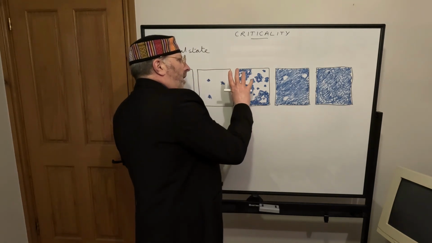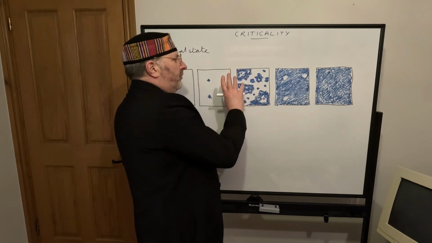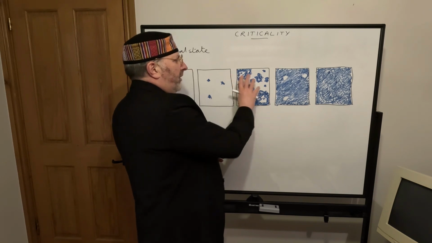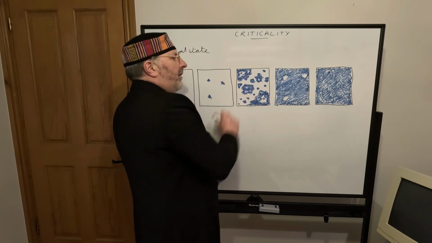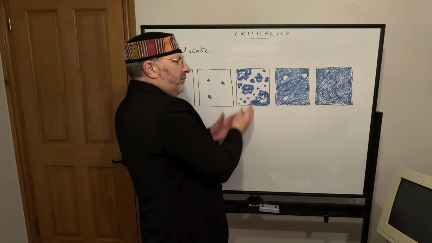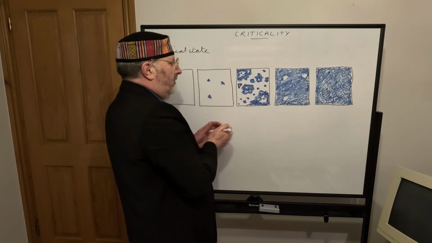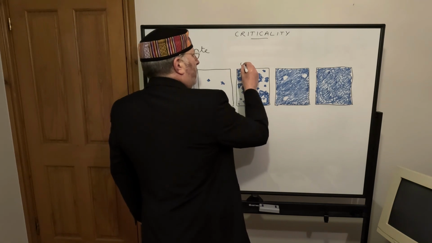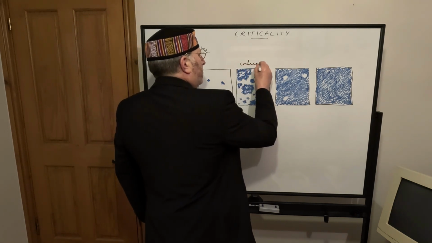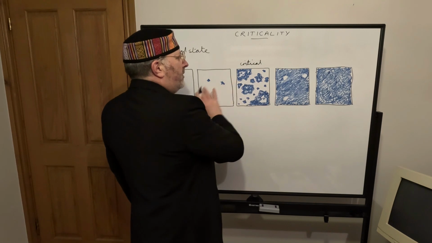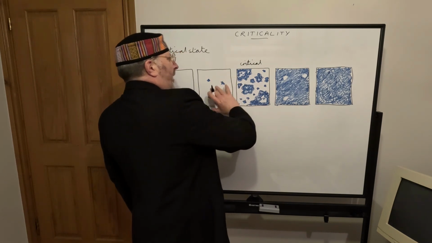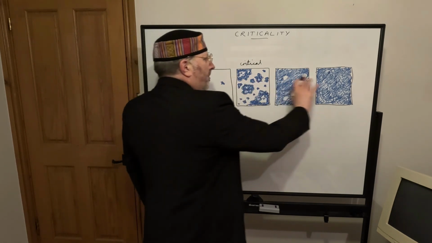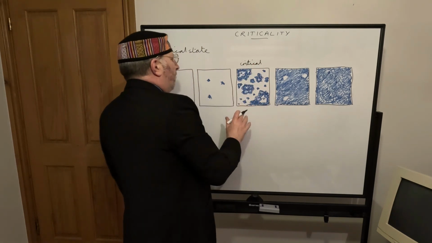But this is a mixture of ice and water. Both ice and water can exist quite happily at this temperature, which is the freezing point of water, which is 0 degrees C. So this is the critical state between the two, when it's neither mainly ice nor mainly water, but it is a mixture of both.